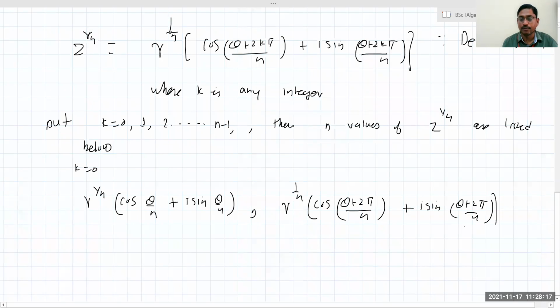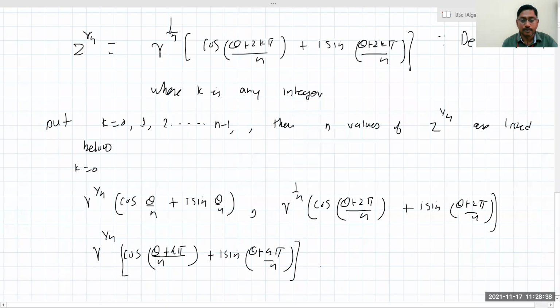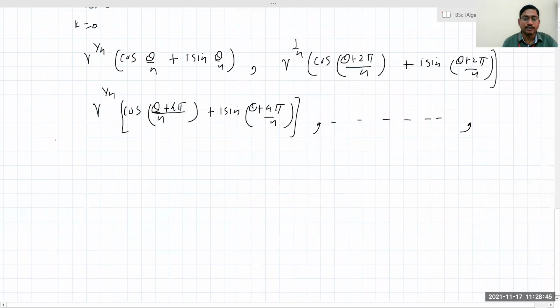When I put k equal to 2, it is r raised to 1 upon n, cos of theta plus 4 pi divided by n plus i sine of theta plus 4 pi divided by n, and so on and so on.